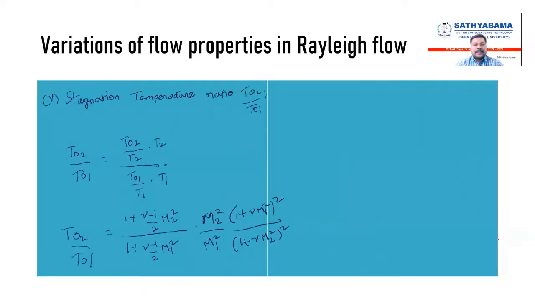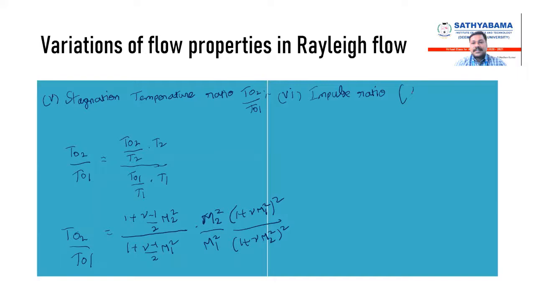And then we found the stagnation temperature ratio, and we are also going to find the relation for the sixth one, that is the force ratio, the impulse ratio. So what is your impulse ratio?